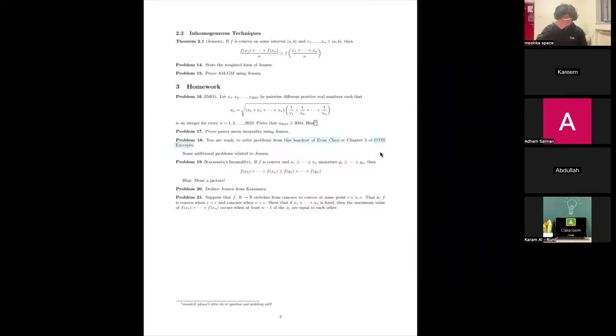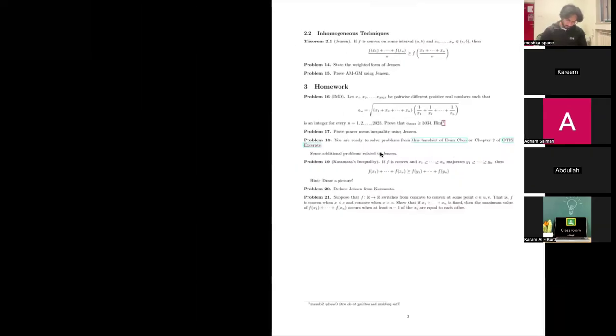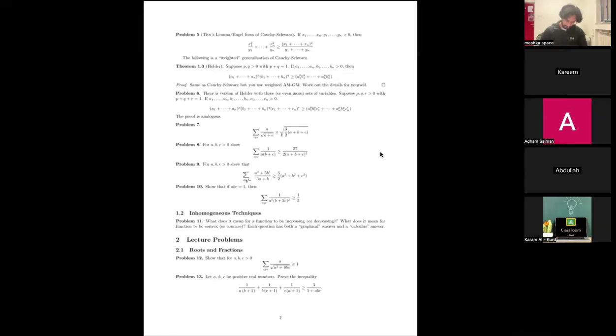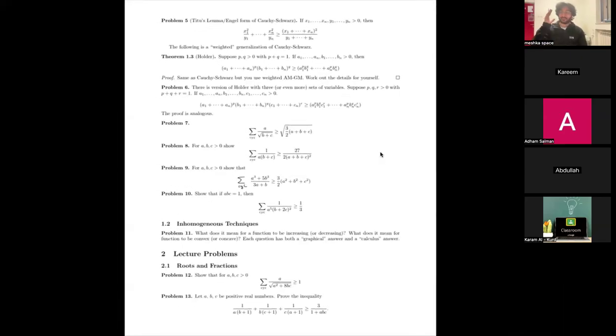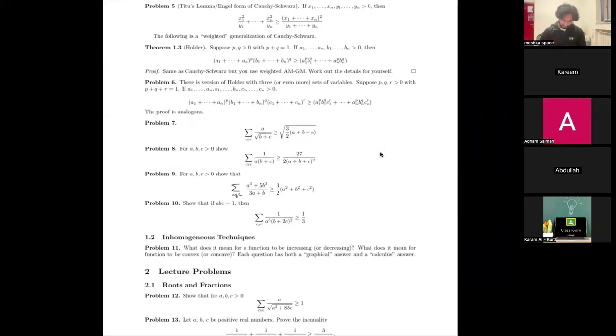Okay. So now let's talk about Holder. Cauchy-Schwarz and Holder are related. Holder is basically the strongest inequality that exists for Olympiad mathematics. It can do miraculous things.